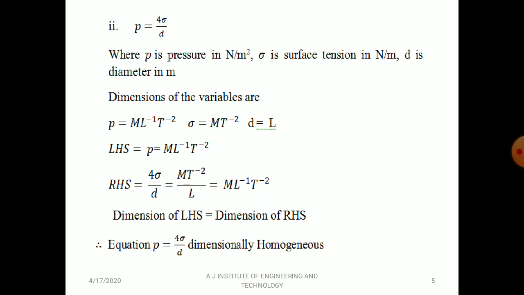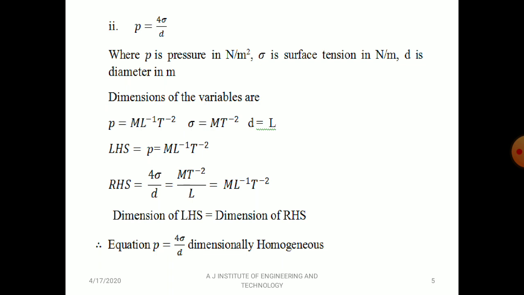Then sigma, the surface tension, is Newton per meter: m into L into t to the power minus 2 divided by L, that is m into t to the power minus 2. For diameter, measured in meter, the dimension is L. So for the LHS, the pressure term, the dimension is m into L to the power minus 1 into t to the power minus 2.